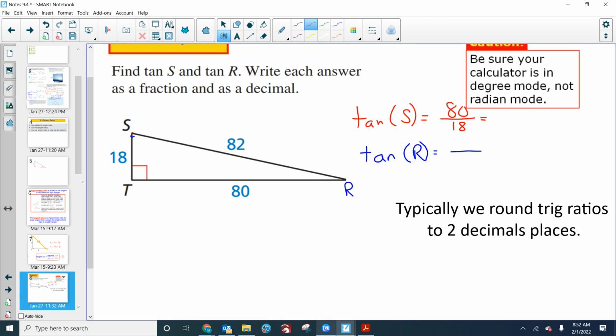So when we reduce 80/18ths, and just a refresher, because it was a common mistake on the quiz: remember your calculator does it for you. 80 divided by 18. My decimal form is 4.4 repeating.